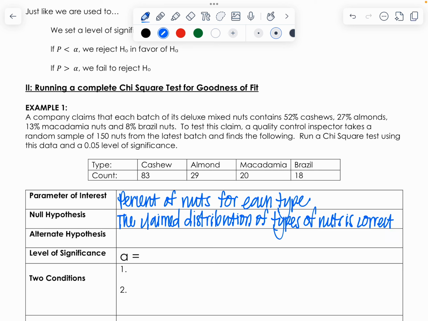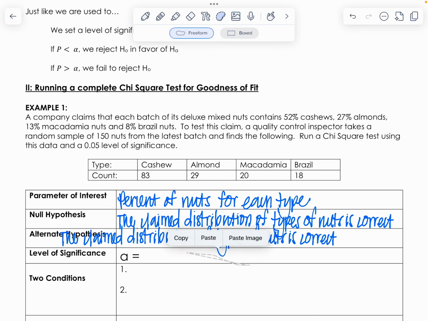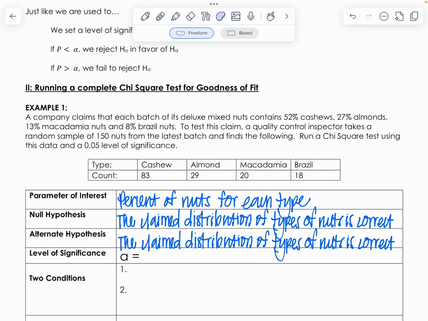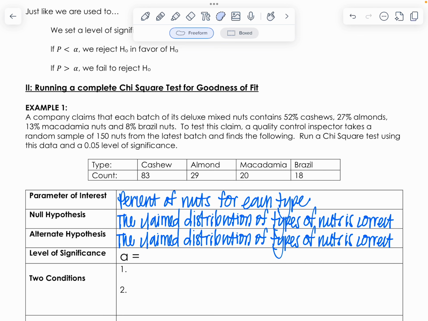And then this next one would say it's incorrect, so I save myself some time. Copy and paste. Make sure that's incorrect. Right, it gave us that our level of significance was 0.05.